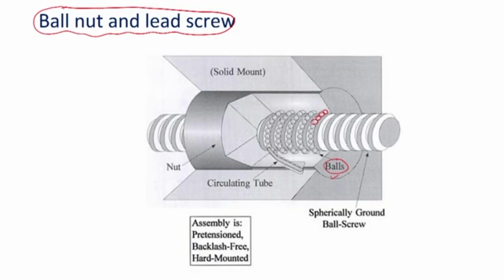The screws are hard mounted. So, there is no play, the screws are hard mounted and the balls are also hardened and ground. You can see here the spherically ground ball screw. The transfer of motion is carried out in a way that the electrical energy is converted into mechanical energy. The screw is rotating and there is a transfer of motion from the screw to the nut through the balls.